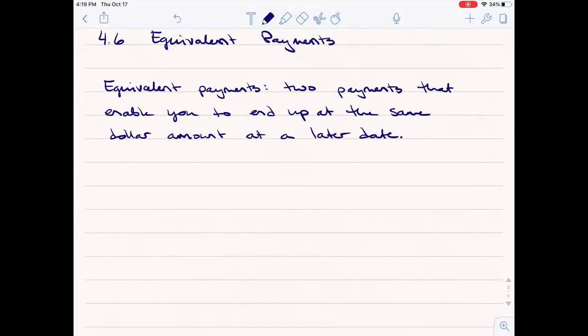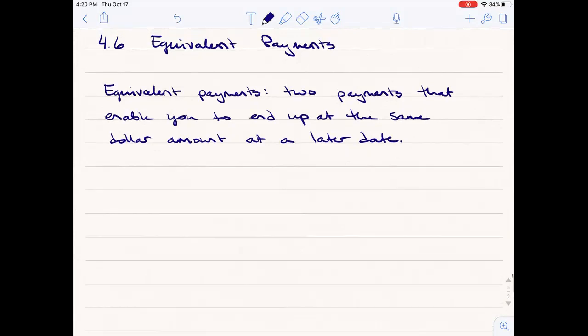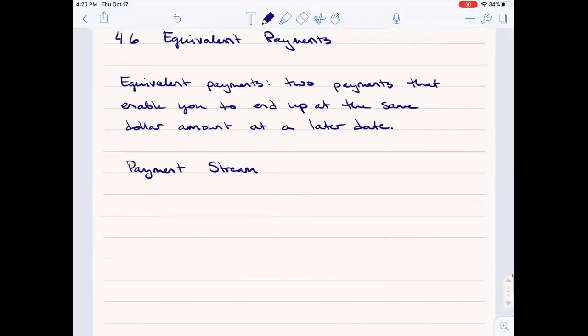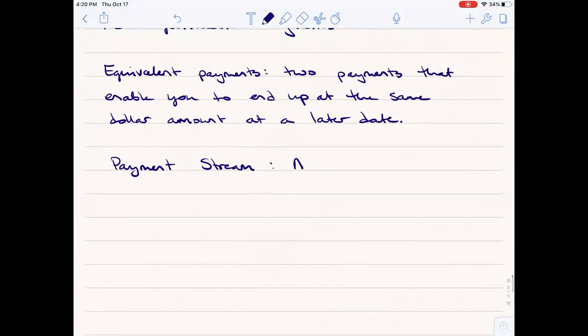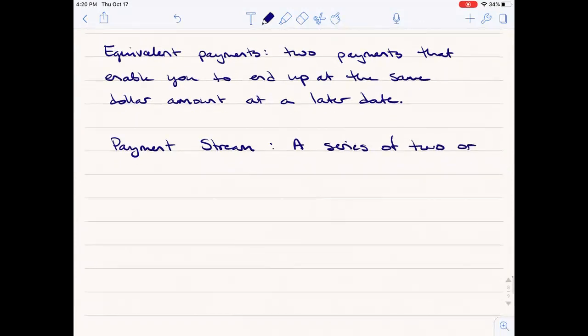There's two other terms that we should define just because they will come up mostly in questions, but also when we're working through some of these problems, I'll throw them around. The first one is the payment stream. So a payment stream is a series of two or more payments required by a single transaction or contract, right?